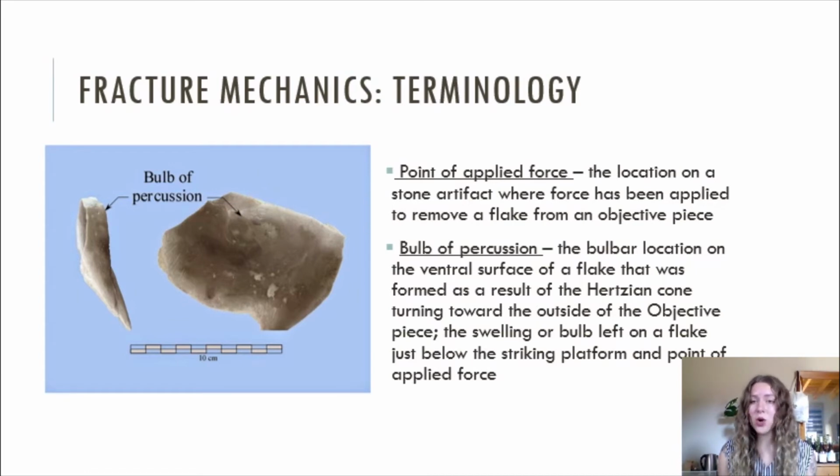So the swelling or bulb left on a flake just below the striking platform and point of applied force is known as the bulb of percussion. We'll be talking about this more next week as well when we go into flake morphology. But you can see an example of the bulb of percussion in the photo on this slide.